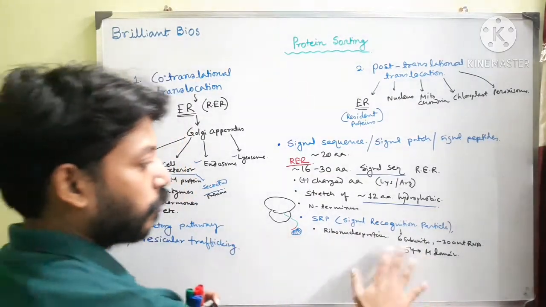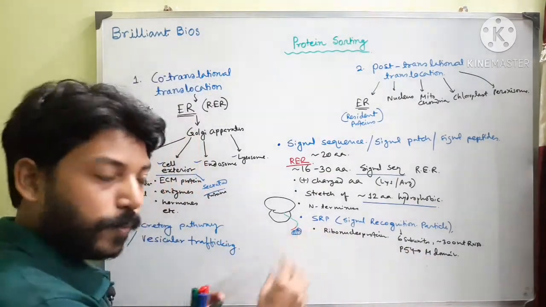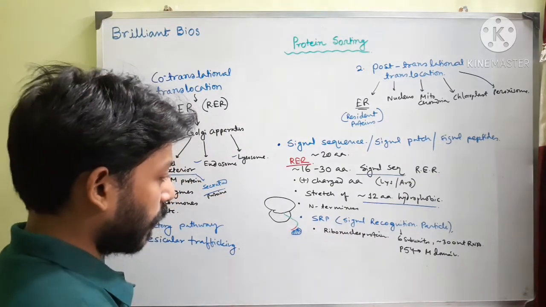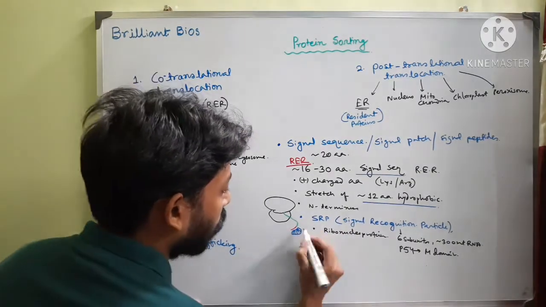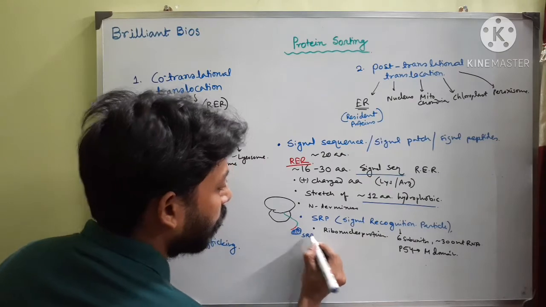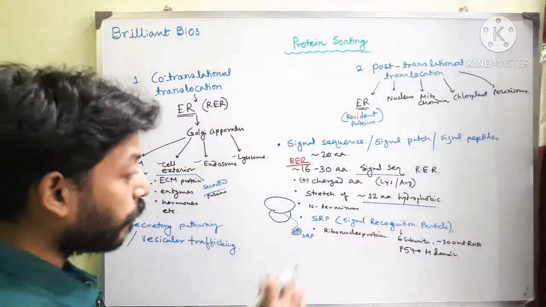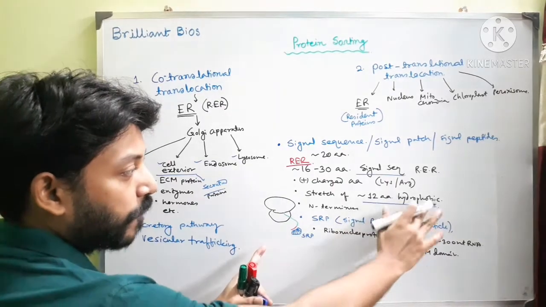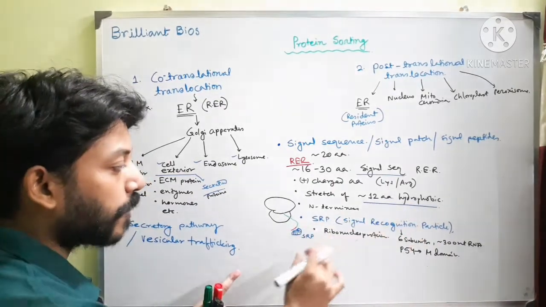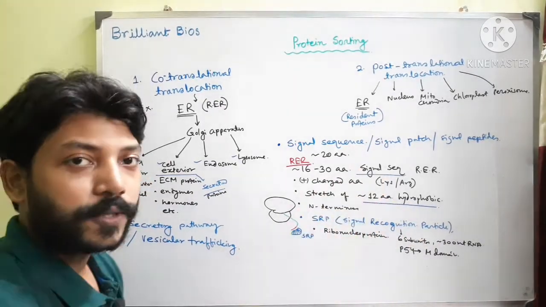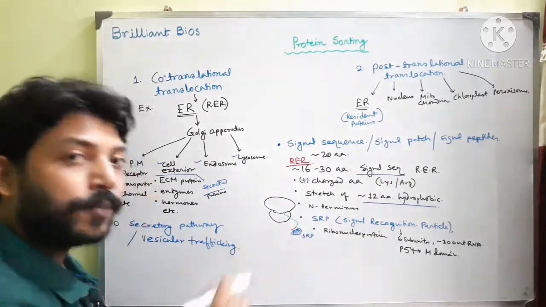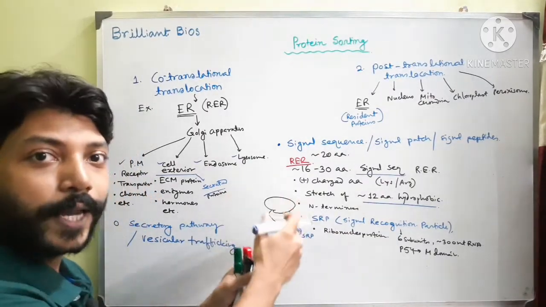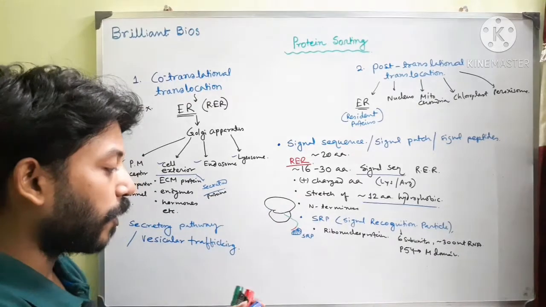So forget about this. These are SRP molecules, so I am writing here SRP. These signal recognition particles are present in the cytoplasm. Now it binds with the 12 hydrophobic amino acid region. I am calling it the signal sequence. Now this SRP will bring this ribosome to the endoplasmic reticulum.